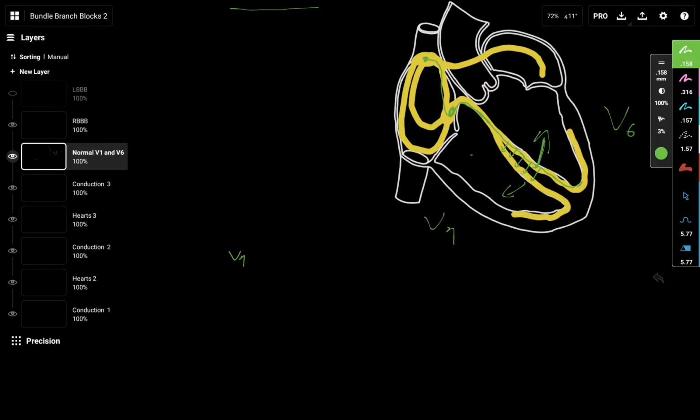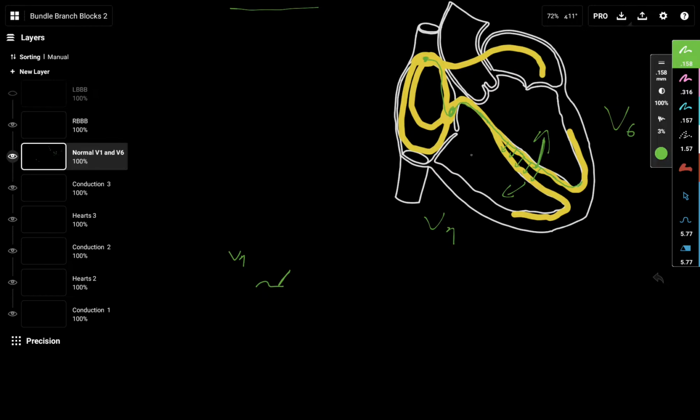So this very first transfer from my left bundle branch to my right one over here, it will show on my V1 as an initial positive deflection. So we've got my P wave here, and here we go, my PR interval, and then it will show as an initial positive deflection, just like that. After that, we said that both ventricles will depolarize at the same time.